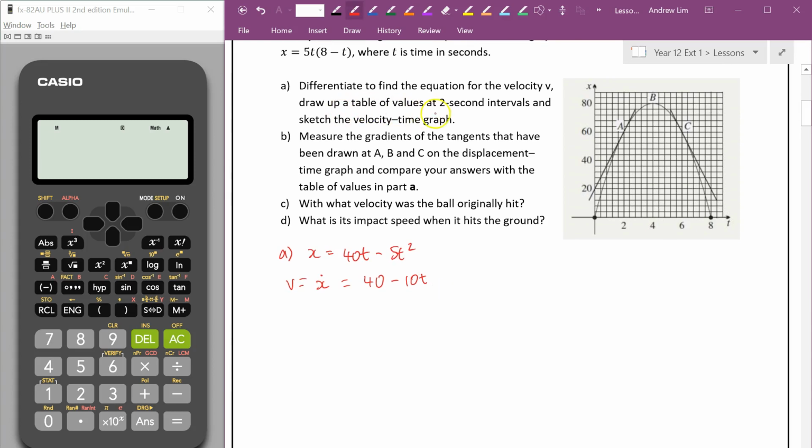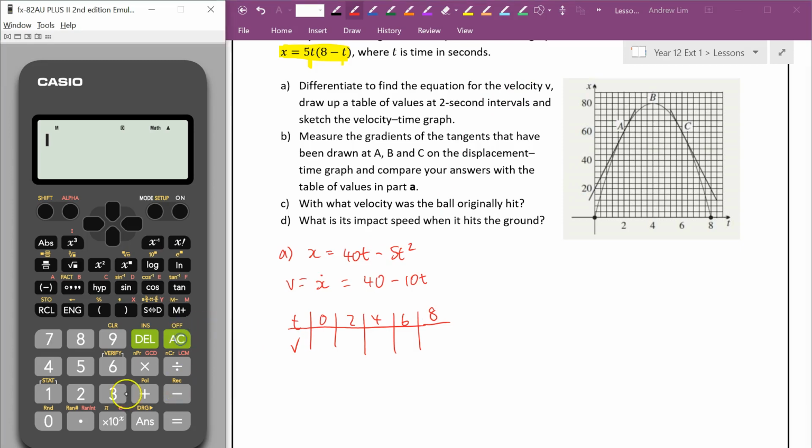We're now going to draw up a table of values at 2-second intervals and sketch the velocity time graph. When we look at the original function, we know there are zeros at t equals 0 and at t equals 8, so I'm going to go from 0 to 8. Actually, we want to do it for velocity, so not x, I'll do it for v. t is 0, 2, 4, 6, and 8.